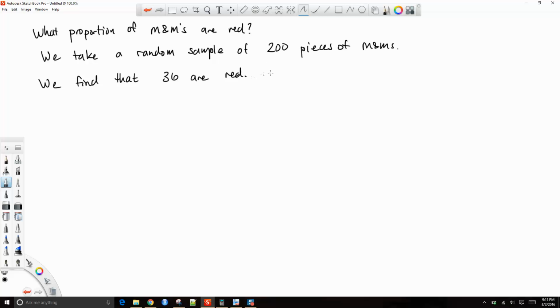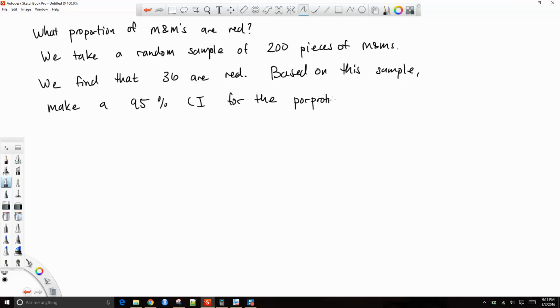Based on this sample, make a 95% confidence interval for the proportion of red pieces in the population. Okay, go ahead and try that out.